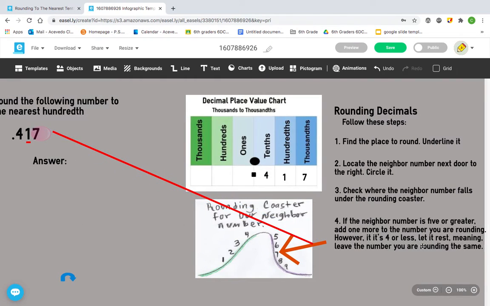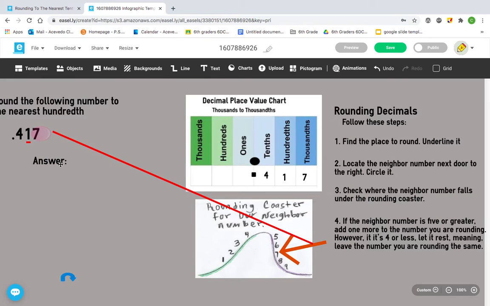All right, so next I go to the last step. Remember that the neighbor number will determine what happens to the number we are rounding. The last step says, if the neighbor number is 5 or greater, add 1 more to the number you are rounding. Oh, this looks right. So that means that 7, because it's 5 or greater, the number I'm rounding, which is 1, will go up by 1.